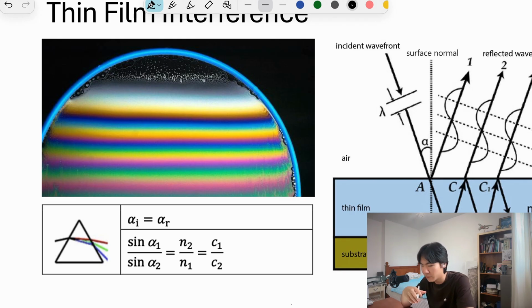If you look at a bottle of oil, you're not going to have this rainbow color. The only time you'll observe this rainbow pattern is when there's a very thin layer of it, when the oil spills out onto the floor, or when you blow the bubble. You can observe these patterns.